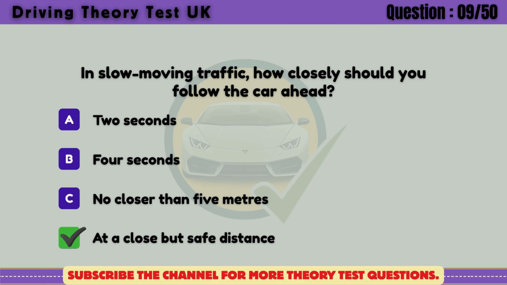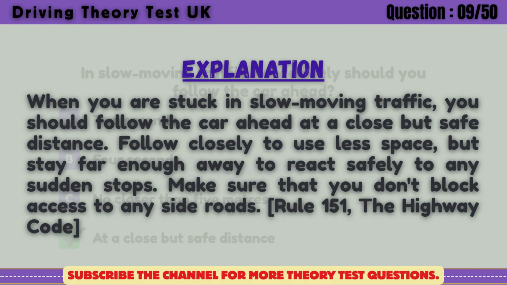Answer is D. At a close but safe distance. When you are stuck in slow-moving traffic, you should follow the car ahead at a close but safe distance. Follow closely to use less space, but stay far enough away to react safely to any sudden stops. Make sure that you don't block access to any side roads.